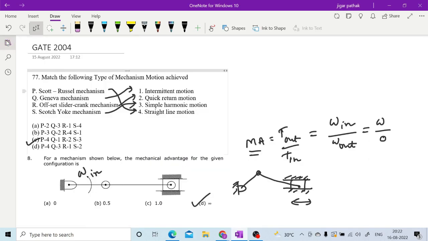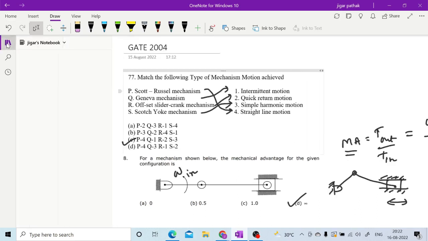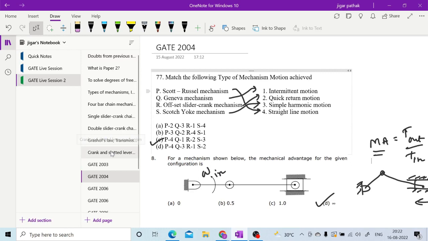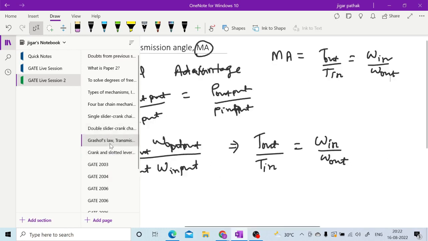Sir, in the slide you wrote mechanical advantage as power output upon power input. But then power output and input should be equal, right? Yes, actually it was not correct. I guess that is my mistake. From there, only force and torque can be given in that particular equation. Here it is torque only.